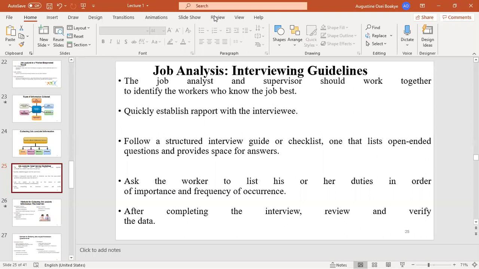Now, the job analyst, before he commences the interview, must also sit down to develop what we call an interview guide. Basically, an interview guide is a written down list of thematic areas on an issue that the interviewer wants to discuss with the interviewee.